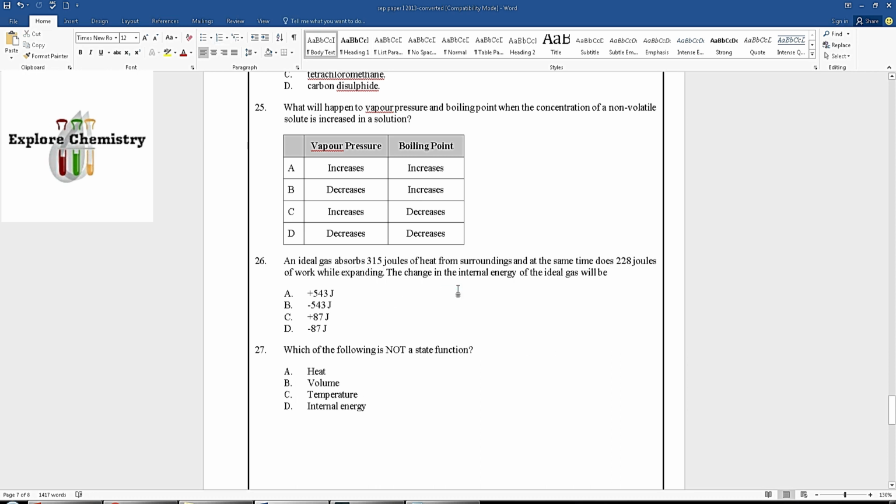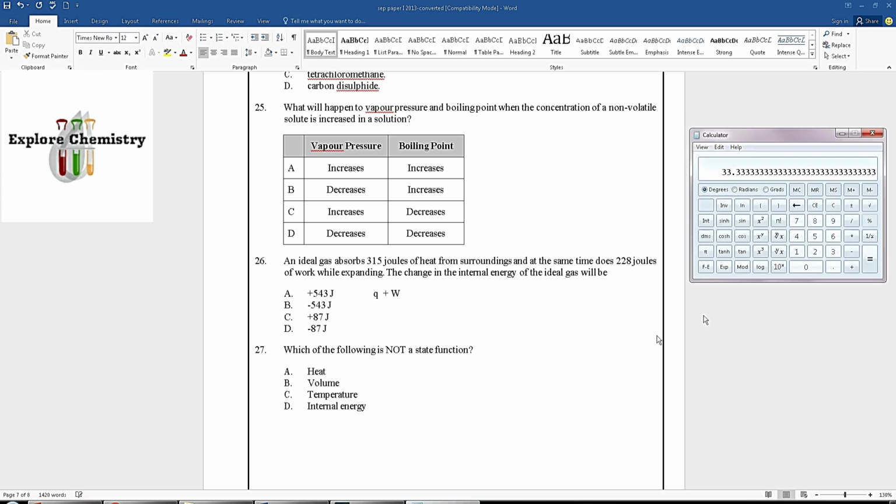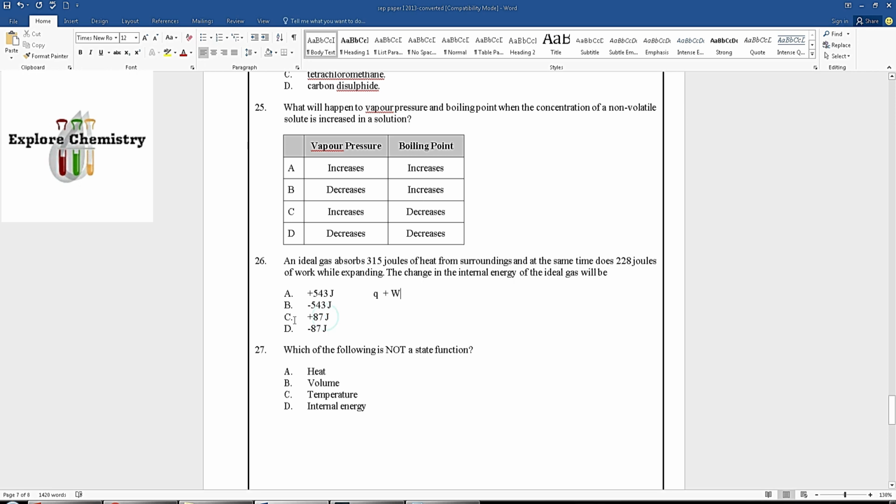So the equation for finding internal energy is Q plus W. Value of Q should be written in positive and value of W should be written in negative because system is doing the work. So the correct answer is 315 minus 228. Answer is 87. Plus 87 is the correct answer.